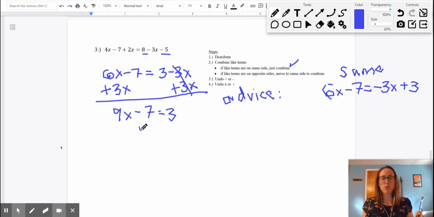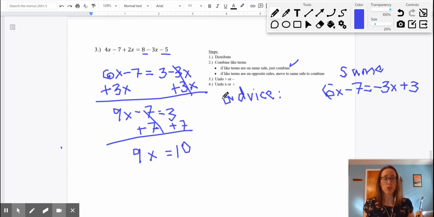Finally, take those last two steps from the previous lesson, where we're going to move the 7 because we're going to undo the subtraction before we undo the multiplication. And then to undo this multiplication, I'm going to rewrite this. You might want to rewrite it for your notes. It makes it a little more clear. So I have 9x equals 10.